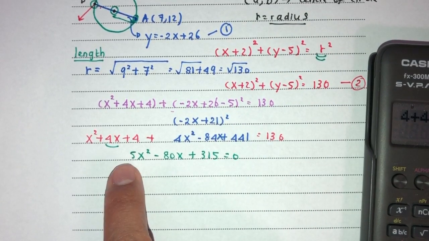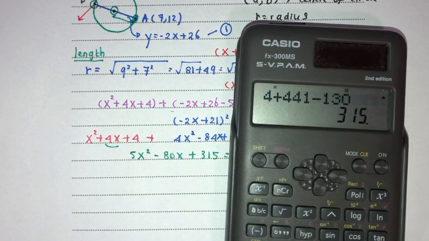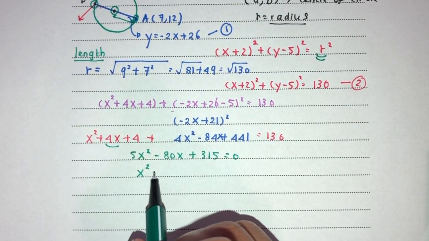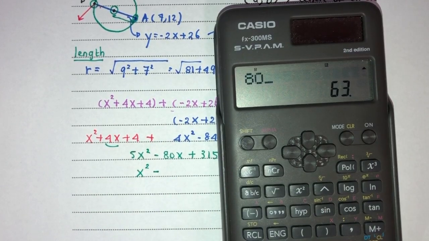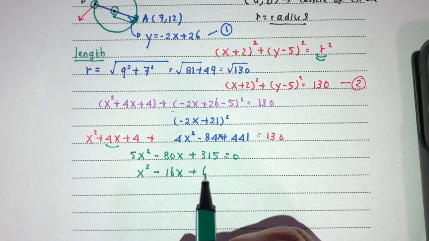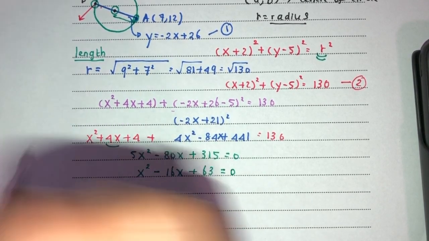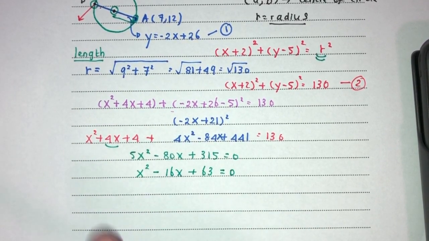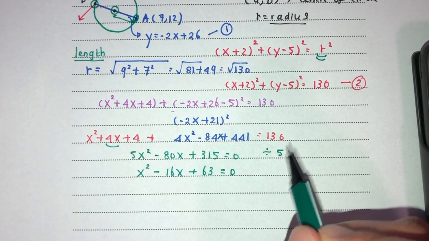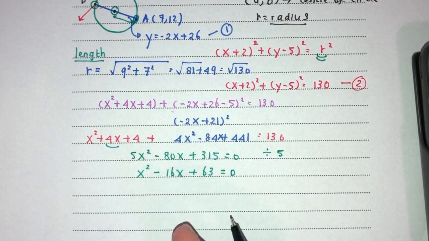Now because everything is a multiple of 5, we can divide by 5 everywhere. This will become x squared minus 80 divided by 5, which is 16x, plus 63 equals 0. One more time, because everything is a multiple of 5, I decided to divide by 5 to reduce this, because it's simpler to work with.